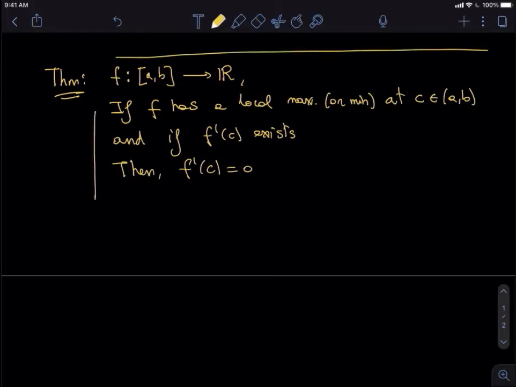So what this means is that this is a necessary condition.